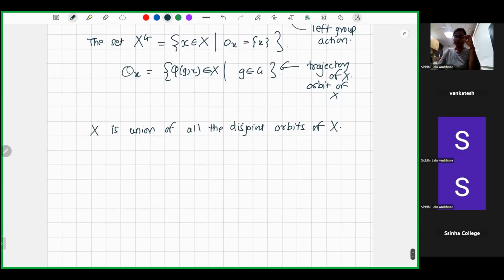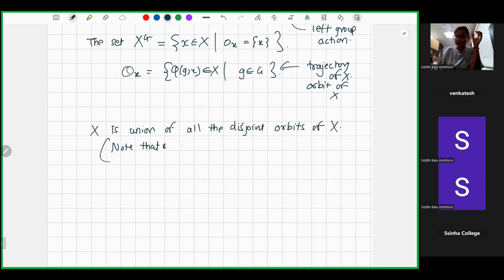Because if gx is equal to y, then x is g inverse y. So either they coincide or they do not coincide at all. Please understand this and note that.